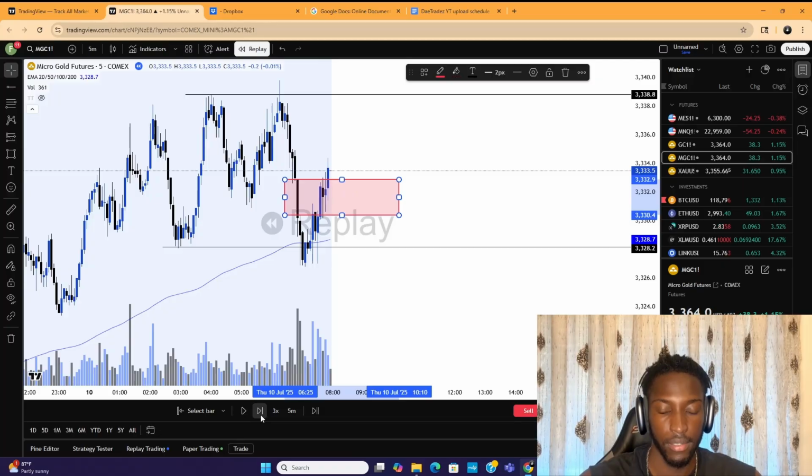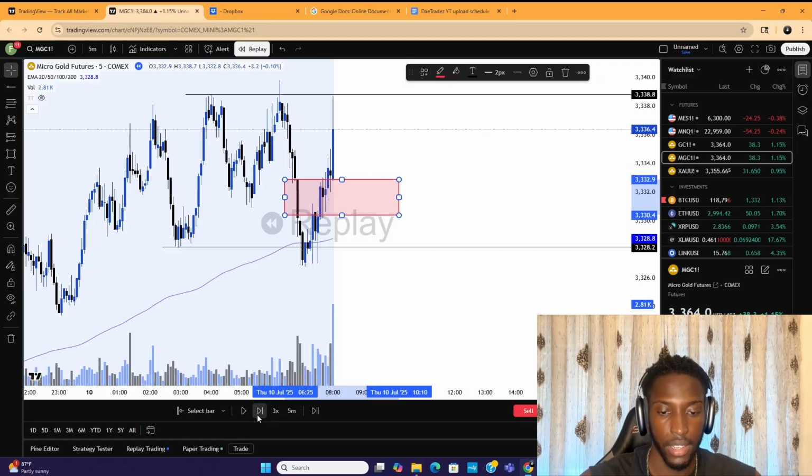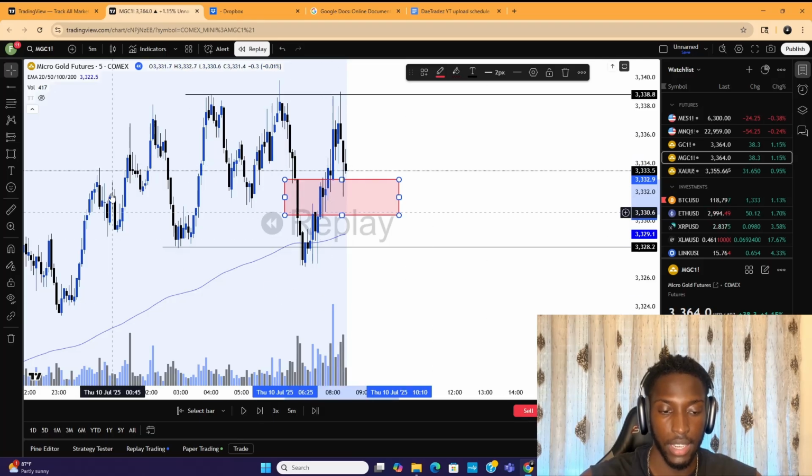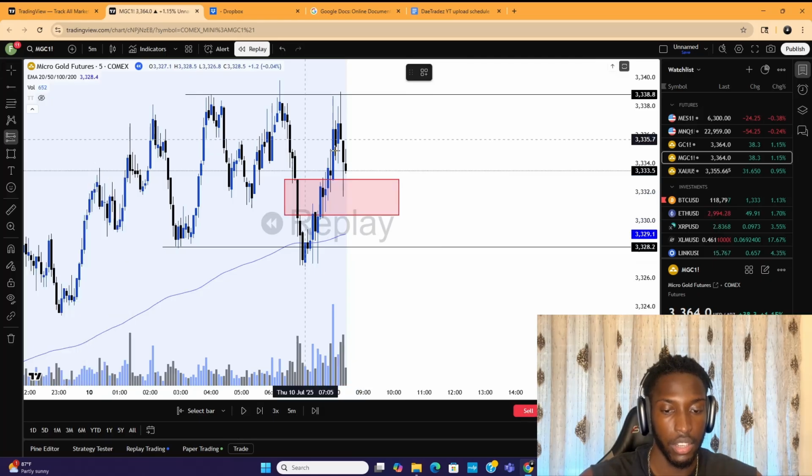Candle inversed. Candle retested. Candle continued higher. Break of structure to the downside. Short position.